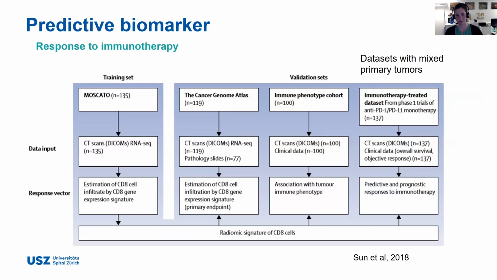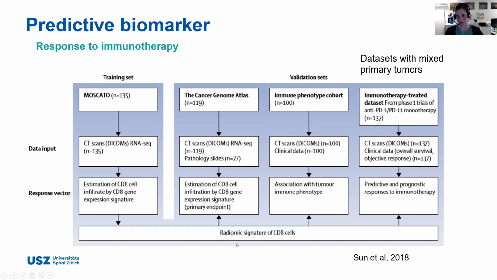Another study looked at the response to immunotherapy. So they looked at a data set with mixed primary tumors, and they trained a model in this Moscato data set, which was doing a radiomics signature of the number of CD8 cells. So they defined radiomics parameters, which give us an idea how strongly the cells are infiltrated.